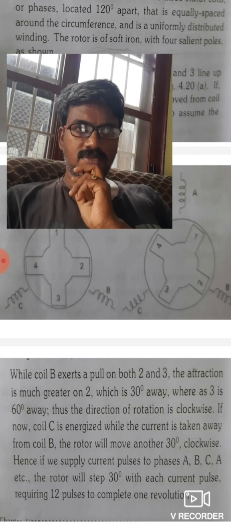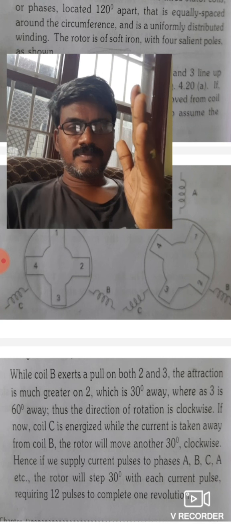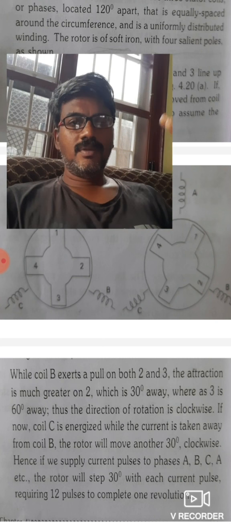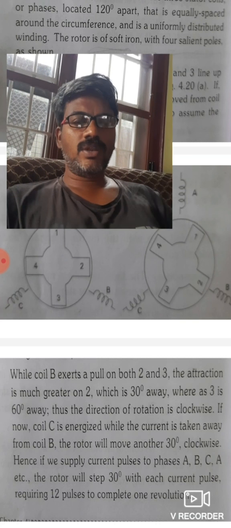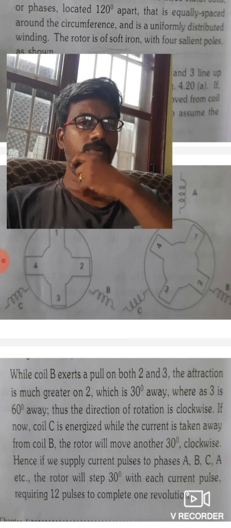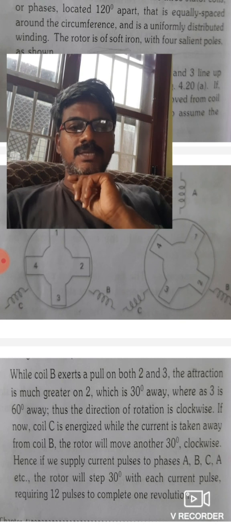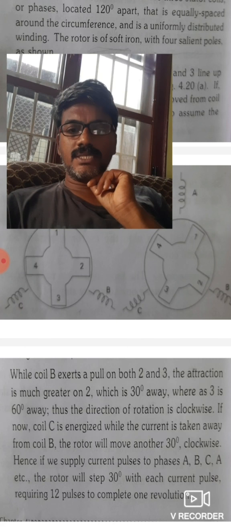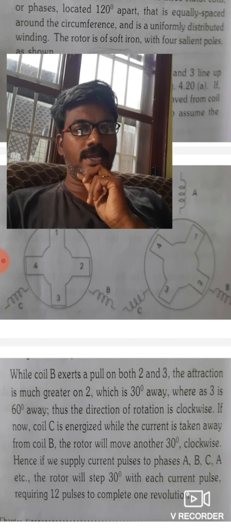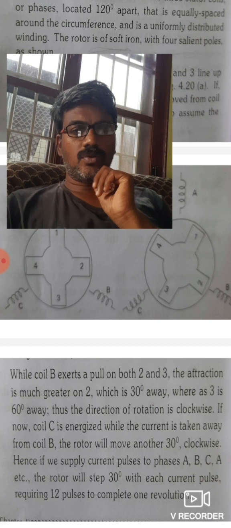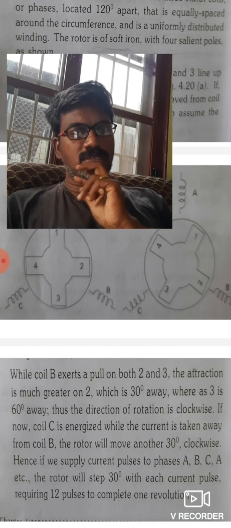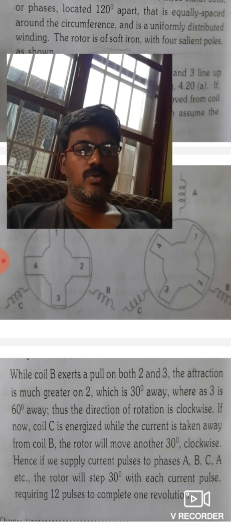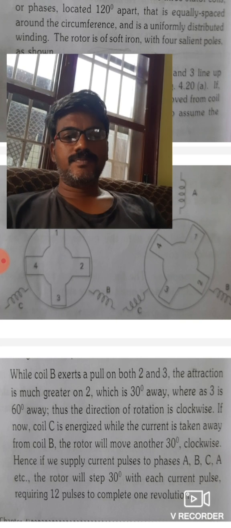In the previous case, we excited A, next excited B. Before removing A, B must be energized. Suppose the coil B is energized before the excitation is removed from coil A, and coil C before the excitation is removed from coil B.